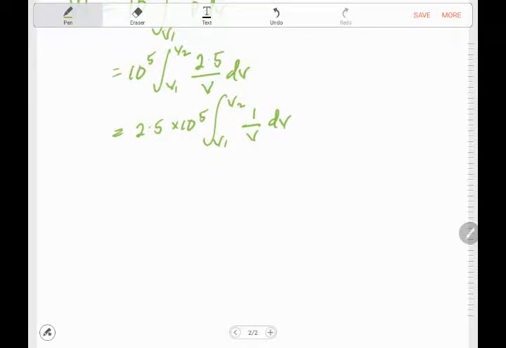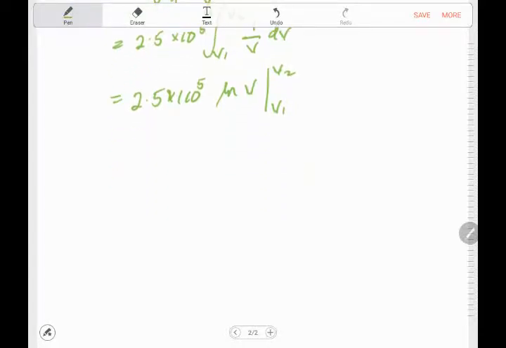Now I hope you have not forgotten your integration. You have to integrate this, and it will give you ln V from V1 to V2.